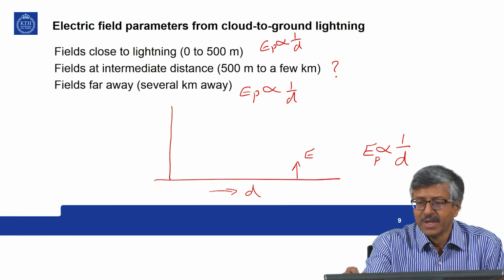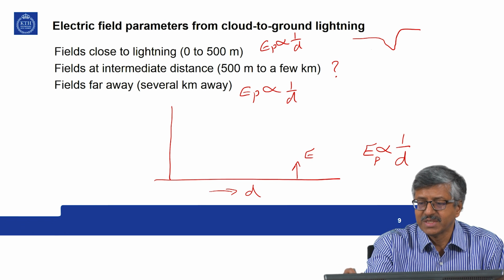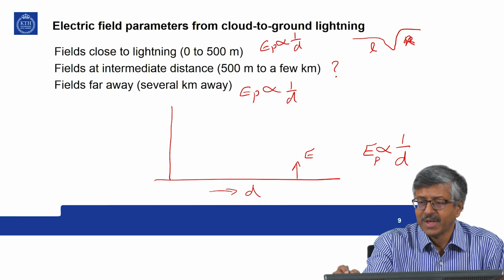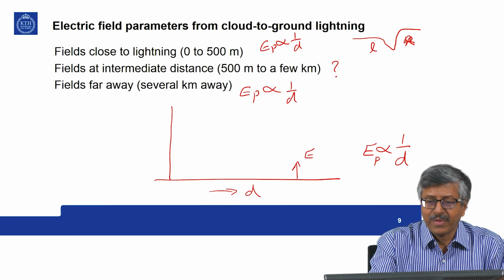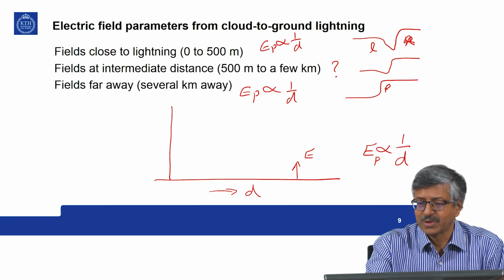you have leader and return stroke of this form. This is a leader and this is a return stroke R. Whereas at intermediate distance it may be something like this, and far distance you will find only something like this. So, this is the return stroke and this is the leader, return stroke.